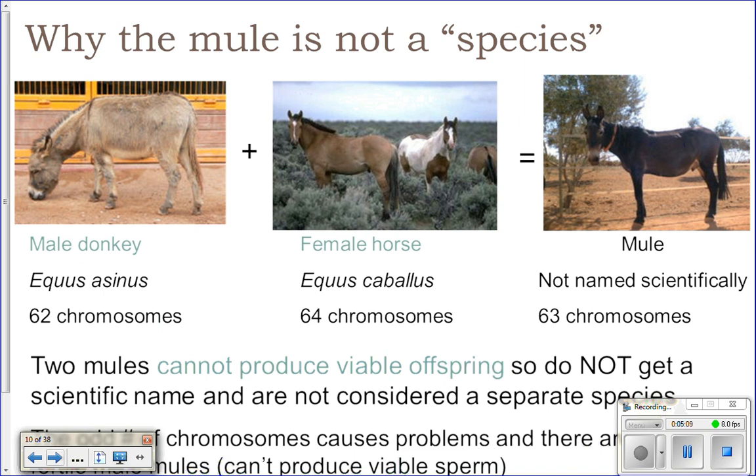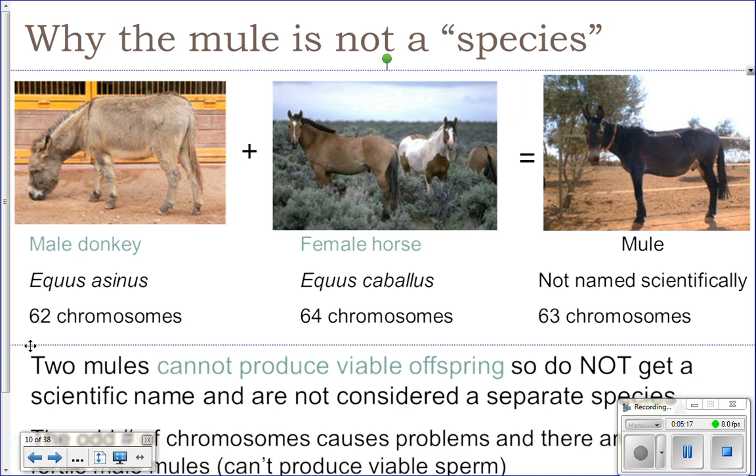The reason why the mule can't actually reproduce is because of its genetics. A male donkey has 62 chromosomes, and a horse has 64 chromosomes. That means that a mule will have 63 chromosomes, which is an odd number. If you remember back to your freshman biology class, the process of meiosis where you make sex cells, the chromosomes join up with their pairs and then they split.